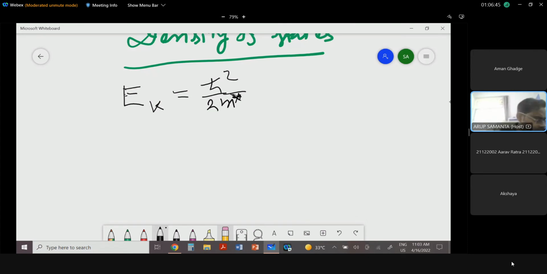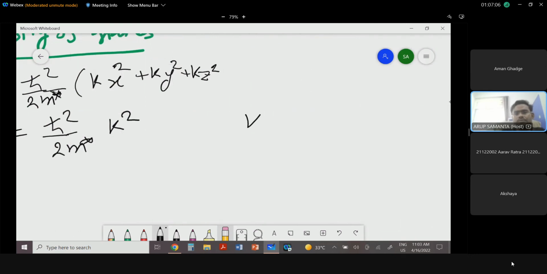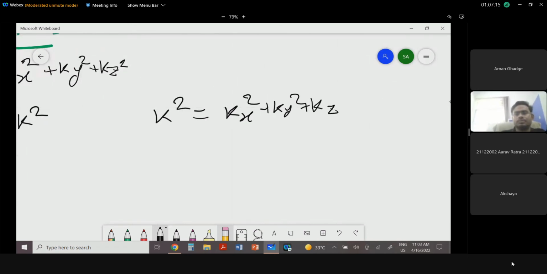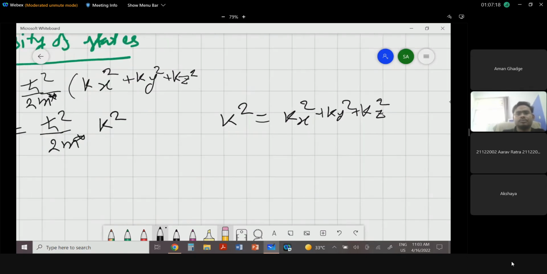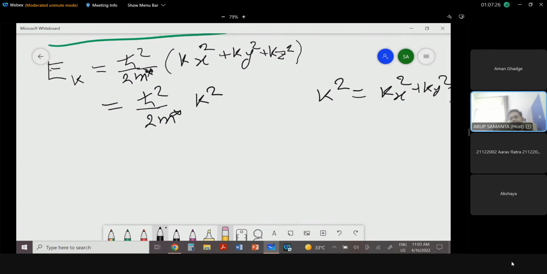So it should be the effective mass, ħ²k² by 2m star. In the three-dimensional case, the energy is something like this, where k squared equals this one. E(k) energy is k dependent.